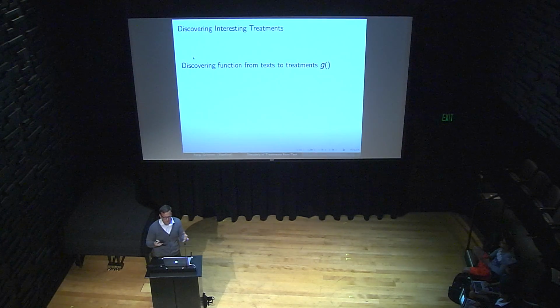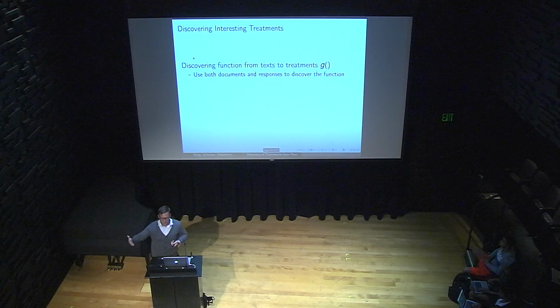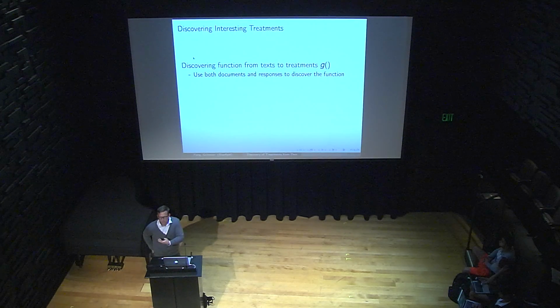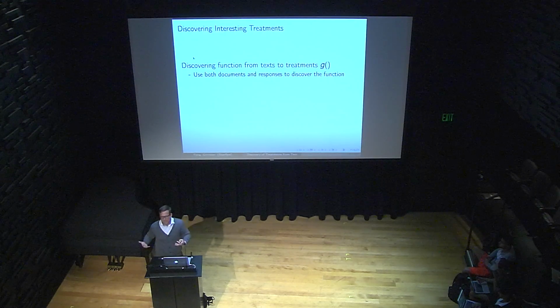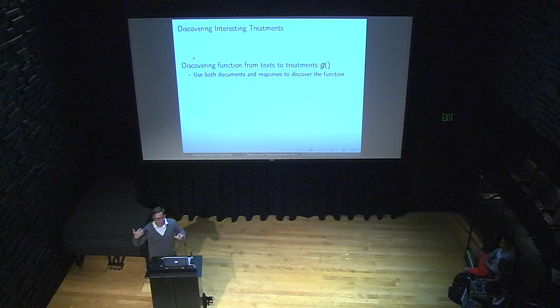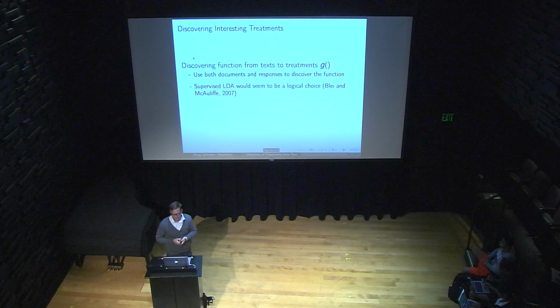All right, so now that we have this training and test set, the question is, how can we go about discovering this function that's going to map from the text to the treatments? We want to use both the documents and the responses because we want to find things that both explain the documents well and explain the responses to those documents, things that both elicit a large response and are prevalent across our documents.